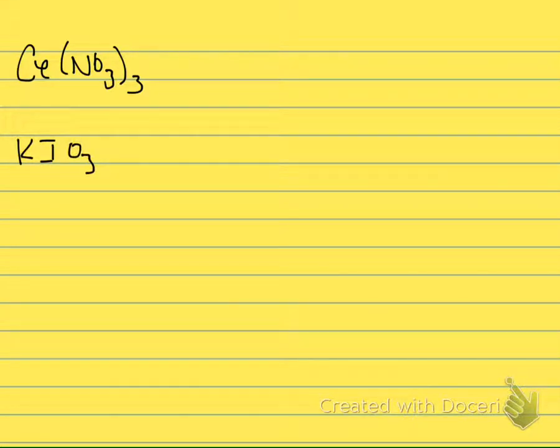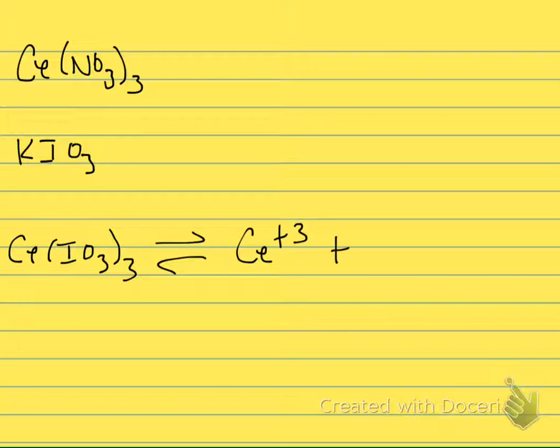Now what I'm trying to form here, or see if I'm forming, is Ce(IO3)3. And if we use our ion knowledge here to break this up, we know that this will be Ce3+ plus 3 IO3-. So we're just breaking this up. Now we want to know if this forms a solid.